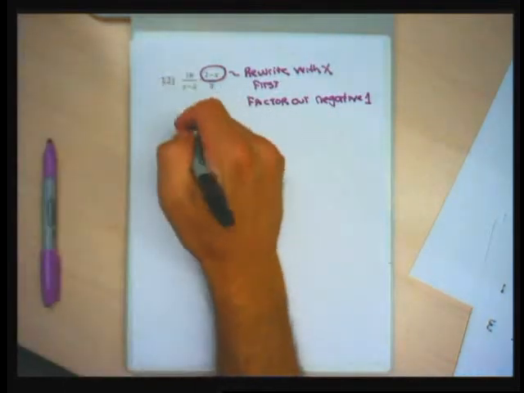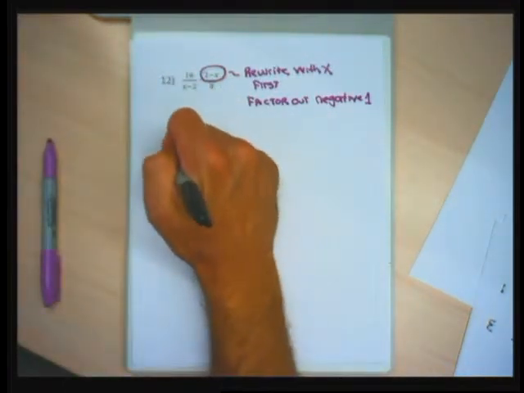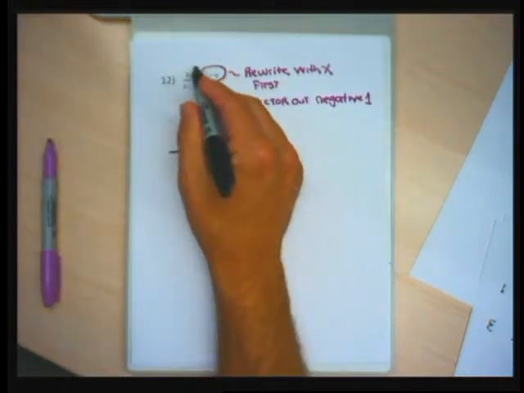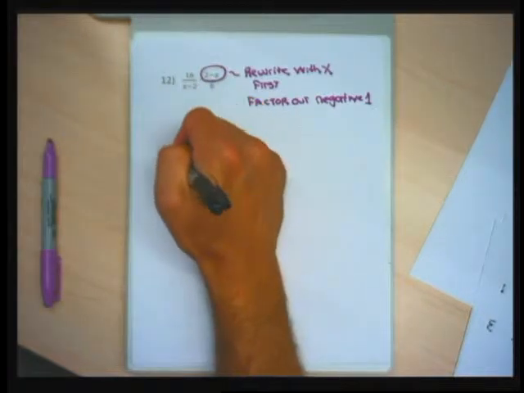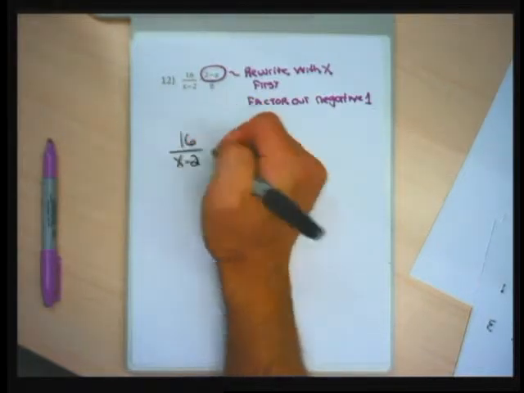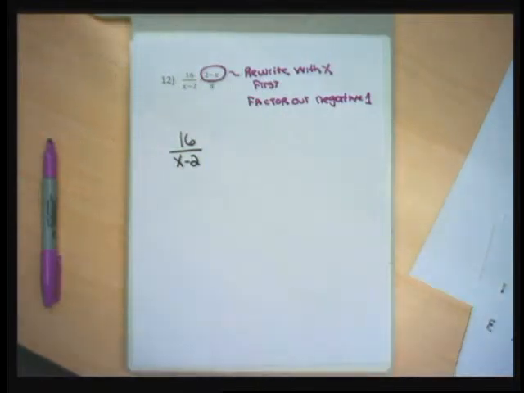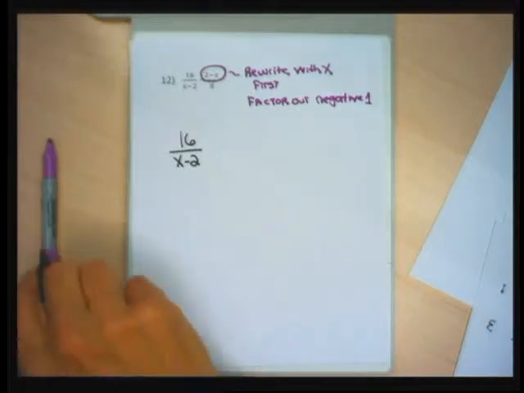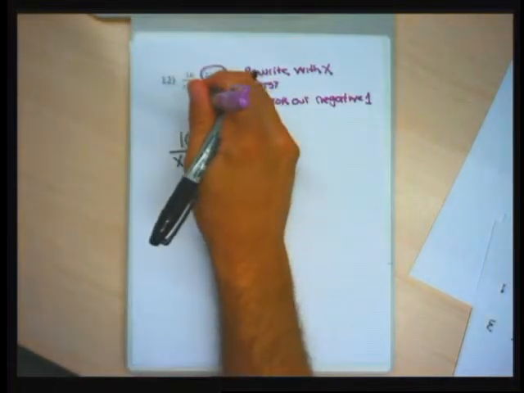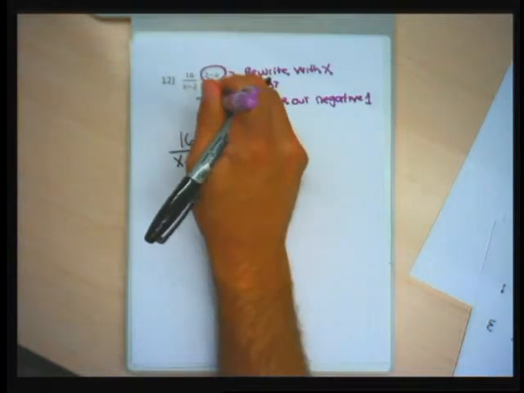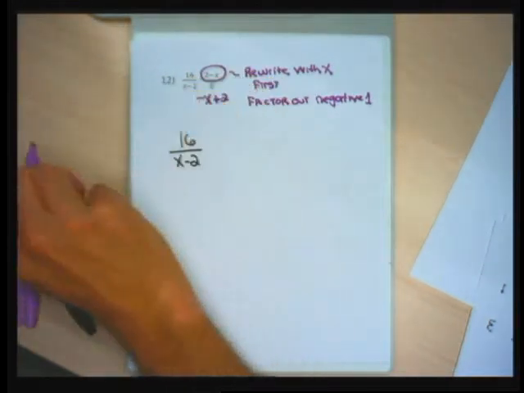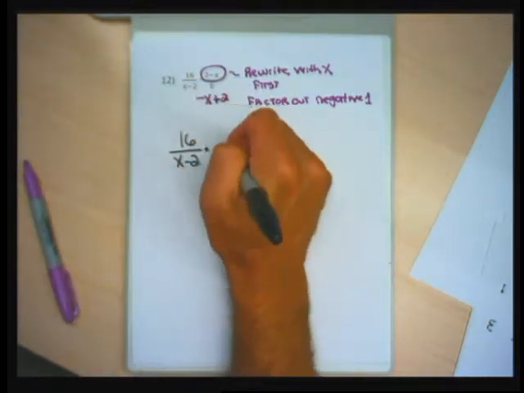So I'm not going to work with the 16, single number, it can't factor. The x minus 2 in this denominator, it doesn't have a square, so it's not going to factor into 2 parentheses. It doesn't have a common factor, so it's just actually not going to factor at all. This numerator, I'm going to rewrite it as negative x plus 2, and then I'm going to factor out a negative 1.